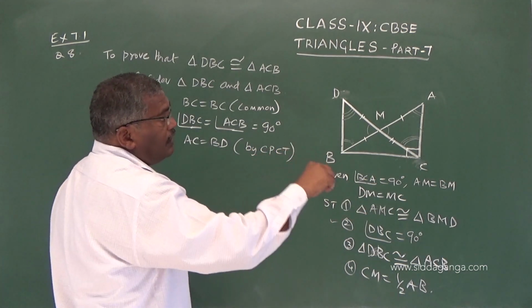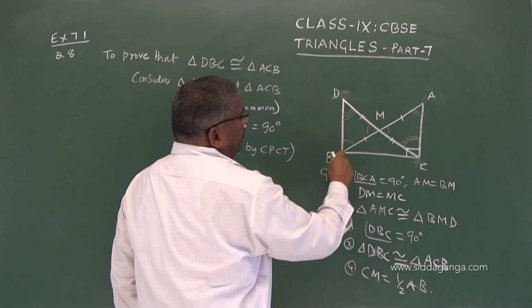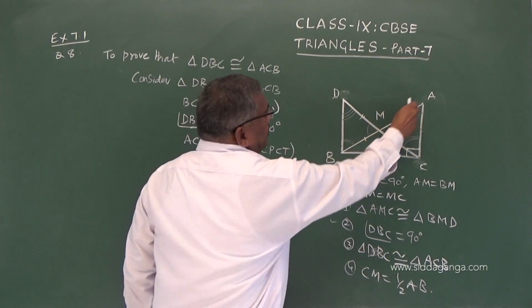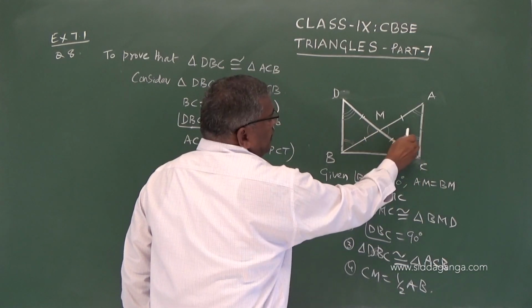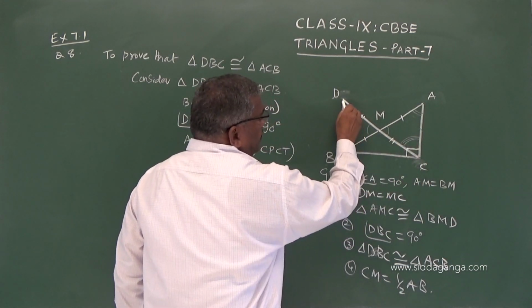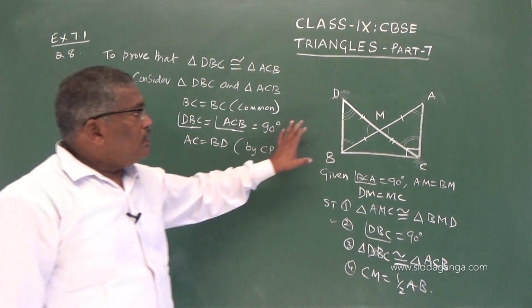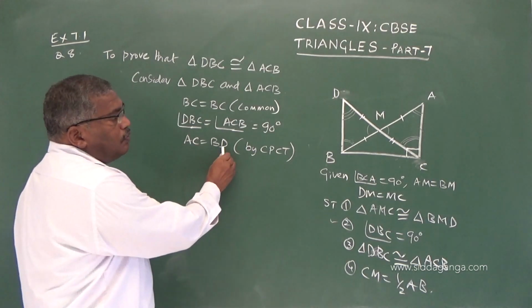When we consider these two triangles MBD and MAC, BD and AC are corresponding parts of the congruent triangles. Therefore AC is equal to BD.